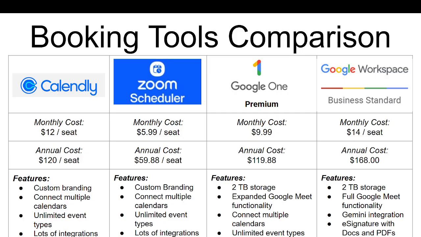Now you're getting a good video platform, as well as these additional features from the booking tool. There is some Gemini integration as well. It's not as robust as some of the other plans, but you do get some more access within Gemini, which is Google's AI platform today. Who knows what it'll be in a month from now.